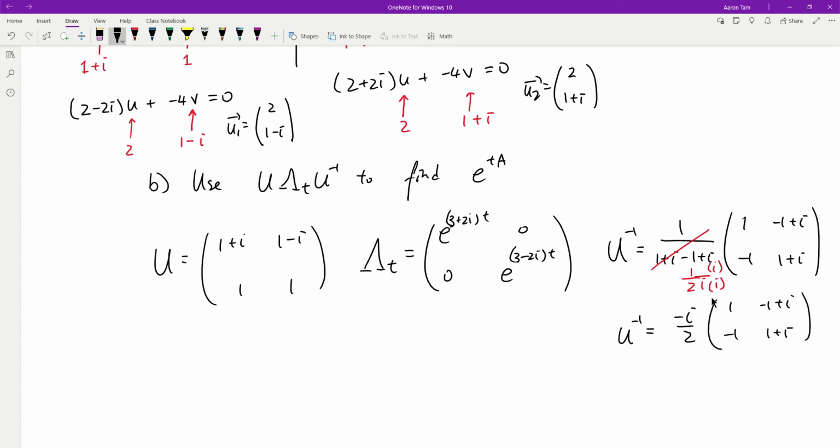And yeah, because i times i on the bottom is negative 1, therefore we have a negative. And I'm actually going to put the negative i inside just so that I don't have to deal with a complex coefficient in front. Easier to deal with just 1/2.